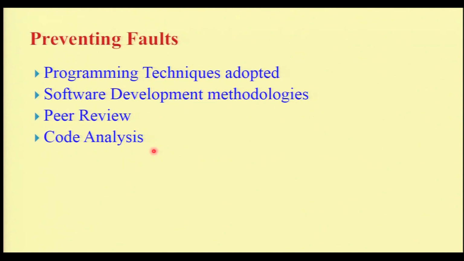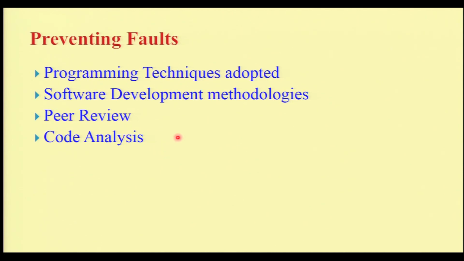Let us see the different fault types. There are business logic faults, functional and logical faults, faulty graphical user interface, which is given as GUI, performance faults, and security faults.